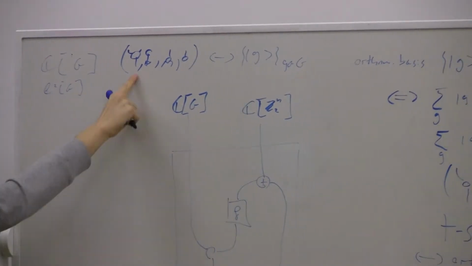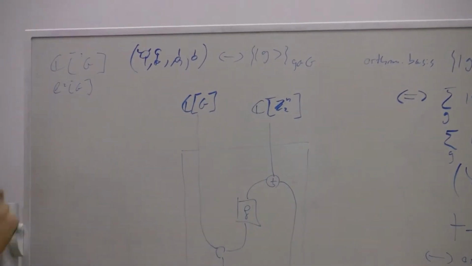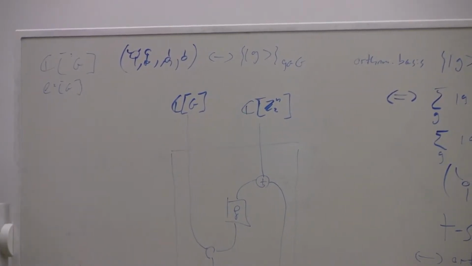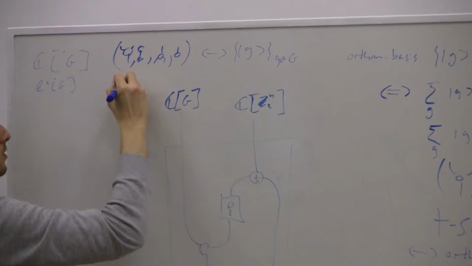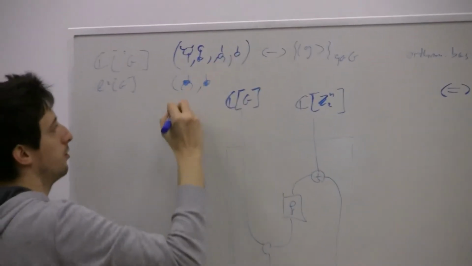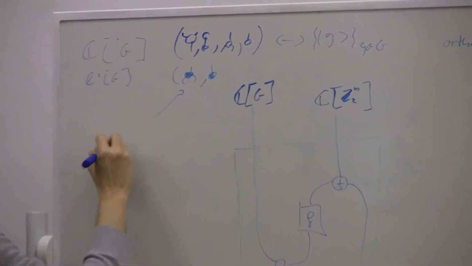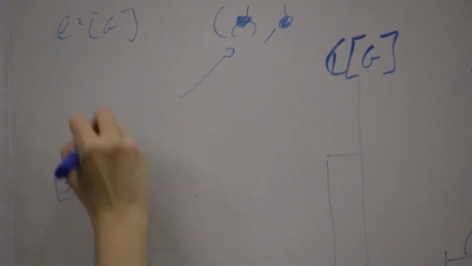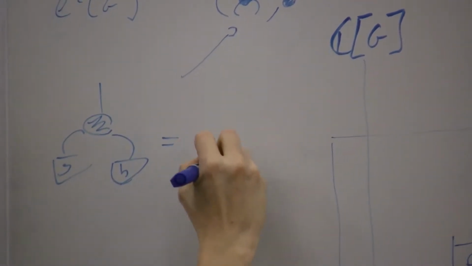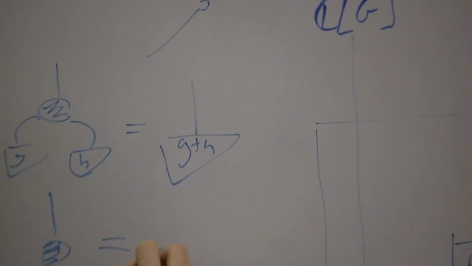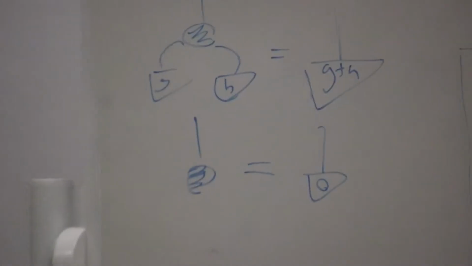And then one of these elements will be marked, and there will be a linear extension of the group multiplication, which I will write like this. So this is the map that takes G and H and sends them to G plus H in the group. And this is just the zero, the unit of the group.